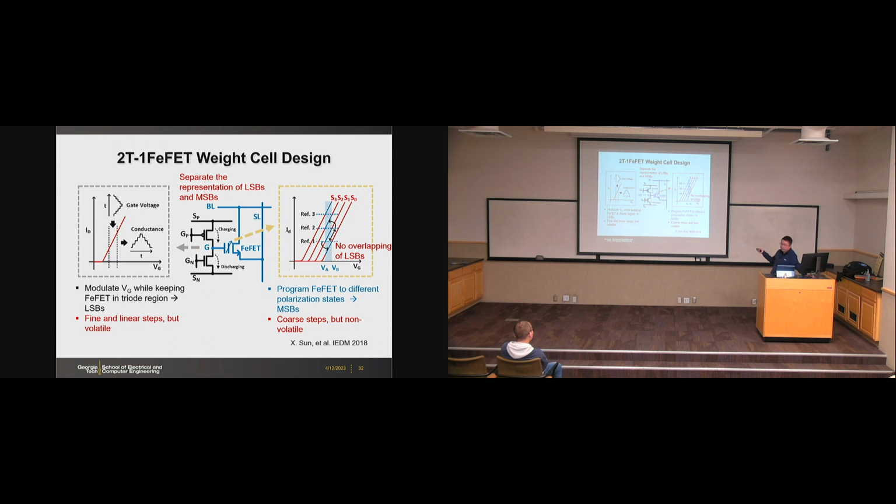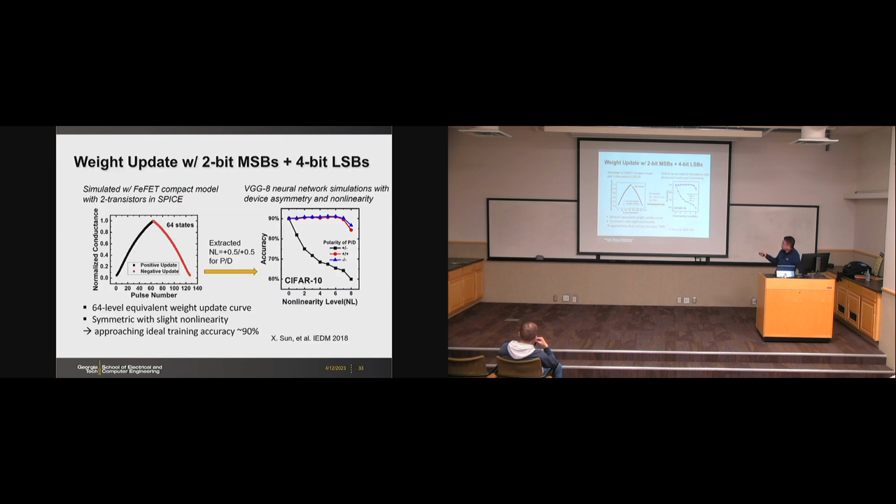And then if we need to carry the LSB into the MSB, we just reprogram the VTH state, so we can jump from here to here in the bigger, more coarse-grained steps for the MSB. So here we can equivalently achieve 64 states, considering 2 bits in the VTH state and 4 bits in the gate voltage node state.